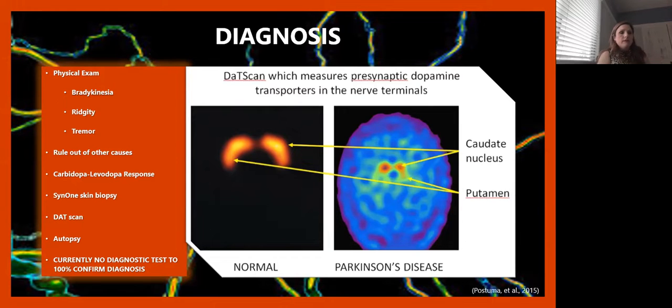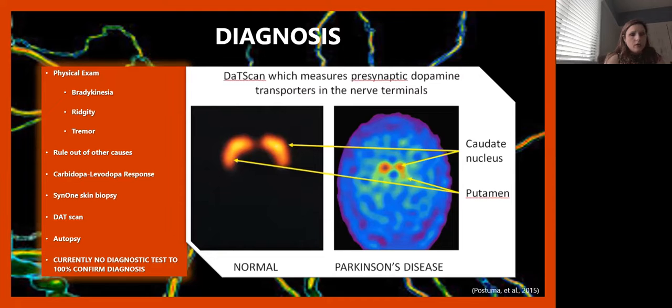I have personally found the skin biopsy to be beneficial, because I've seen normal DAT scans and a positive skin biopsy, and patients respond to the medication we use for it. And sometimes that is off. You'll have a normal DAT scan earlier in the disease process.